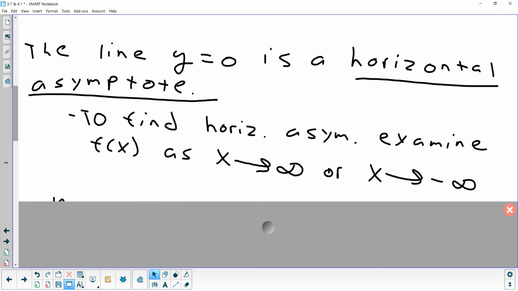So the way that you find a horizontal asymptote is you look at whatever formula they give you and let x get really big. Plug in a really big number for x and try to look for a pattern. What are you getting closer to? Either plug in a really big positive number or a really big negative number.